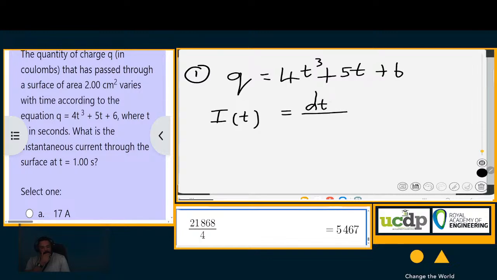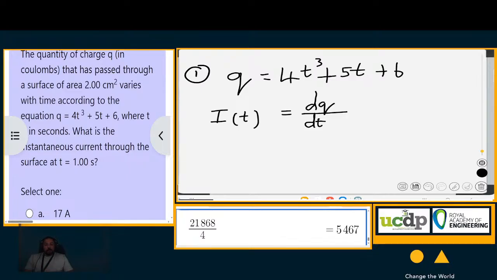dq over dt. So current is defined as the amount of charge per unit time, right?